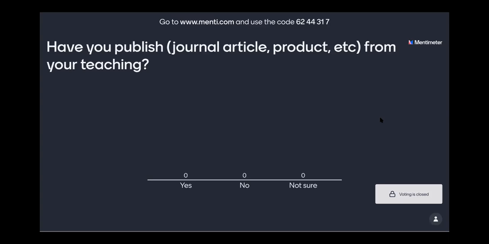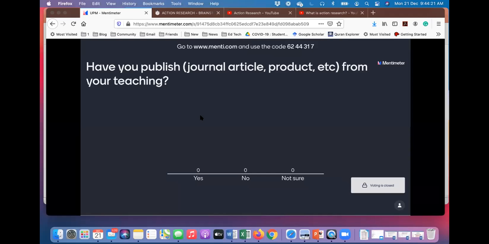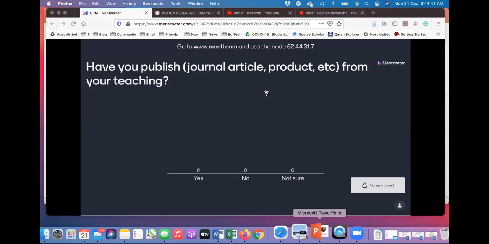Razif, no. Okay, so let me share with you all. Actually, whatever you do in your class can potentially be published, and it is easier for you to publish your class intervention as journal articles, even in Scopus, ISI, and so on.